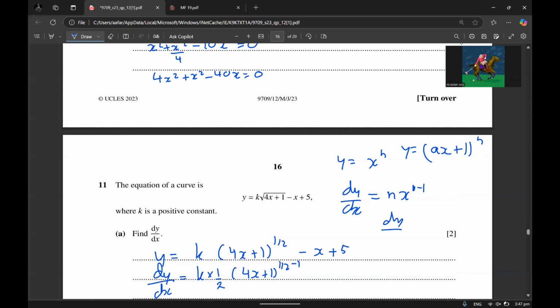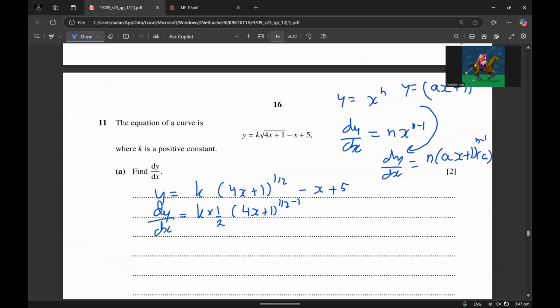And if it's, let's say, (ax plus 1) power n, then dy over dx will be equal to n (ax plus 1) power n minus 1 times the derivative of x, which is a. So the derivative of the inside, 4x plus 1, will be 4.